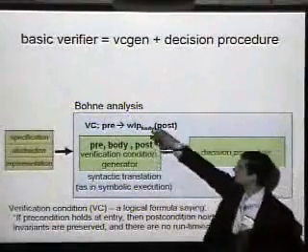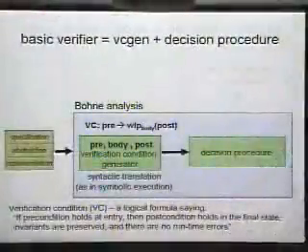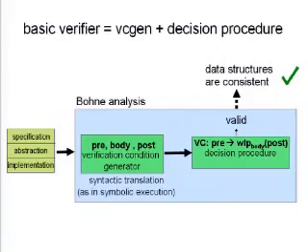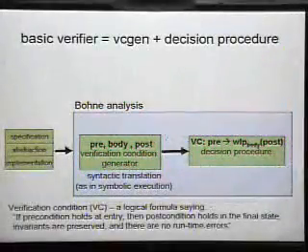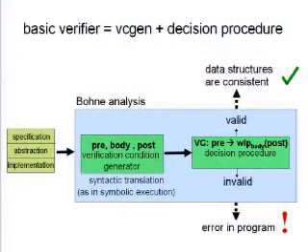So you can create such a formula by syntactically translating the body of the procedure, and of course applying the abstraction function as well. And then when you have this formula, you give it to the decision procedure. If the decision procedure says that the formula is valid, then you know the data structures are consistent. If it says that it's not valid, then you know that they are not.